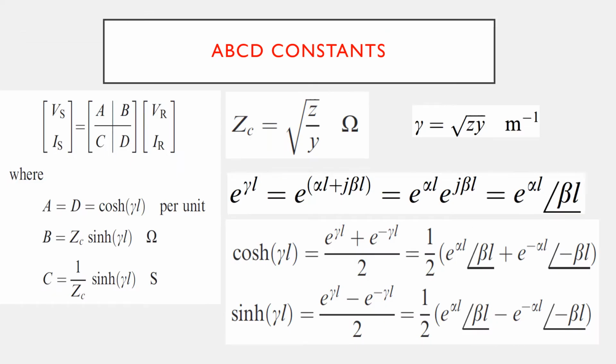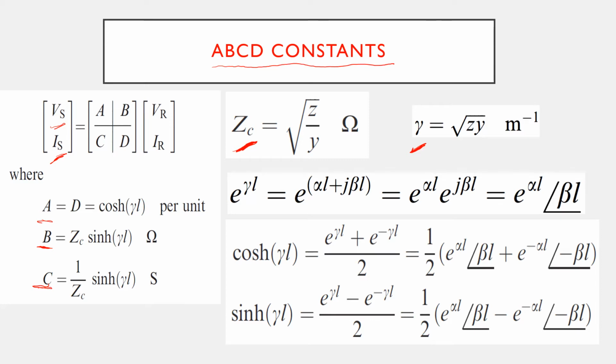And these are the set of equations used to calculate the ABCD parameters of the long transmission line. We are going to use the sending end voltage and current equations to calculate A, D, B and C. ZC is the characteristic impedance of the transmission line, and gamma is the propagation constant of the long transmission line.